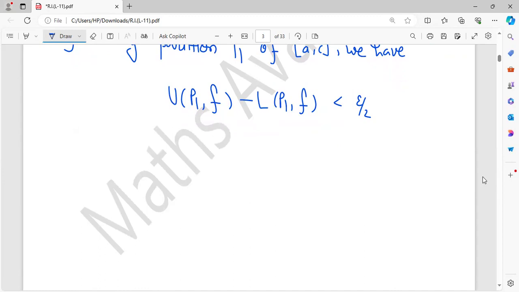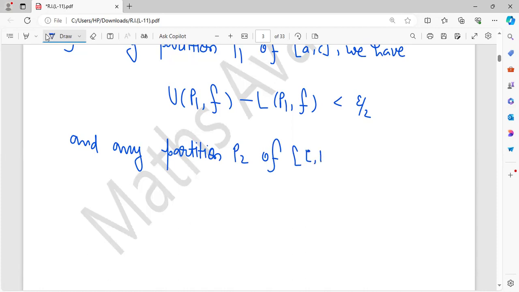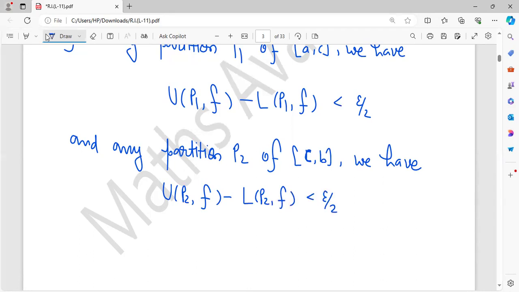And for any partition P2 of closed interval [c, b], we have U(P2, f) minus L(P2, f) less than epsilon by 2.